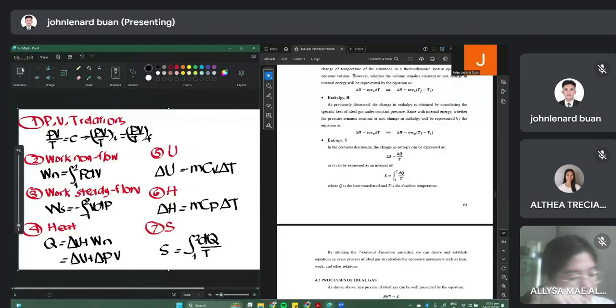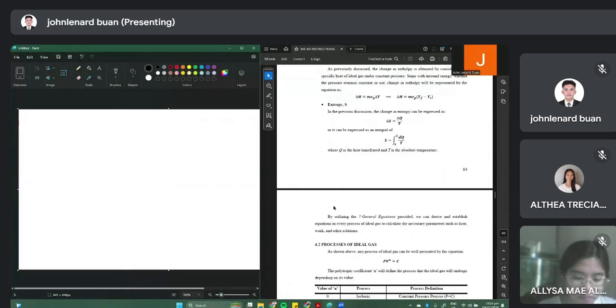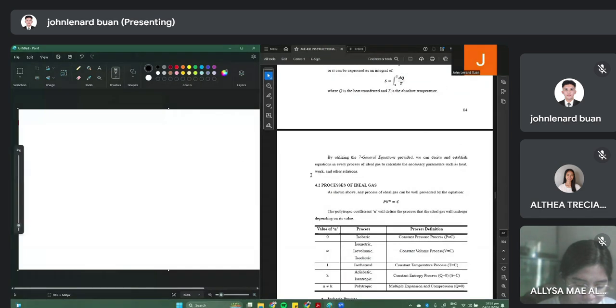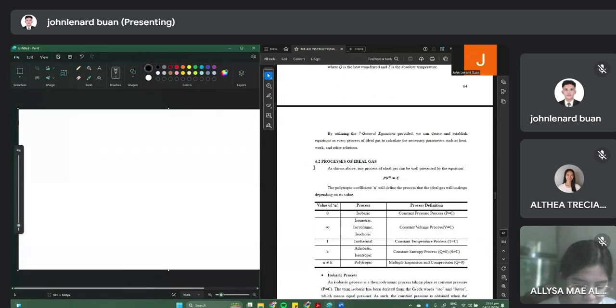Okay. So, moving on. Let me erase this first. The processes of ideal gas. Let's proceed with the processes of ideal gas. Focus on our module.